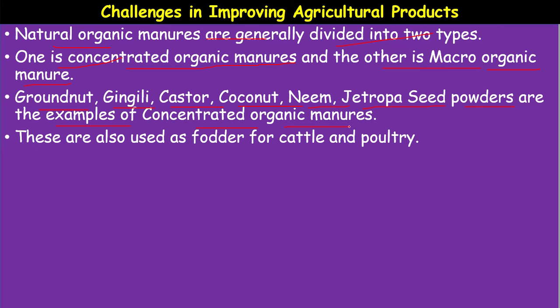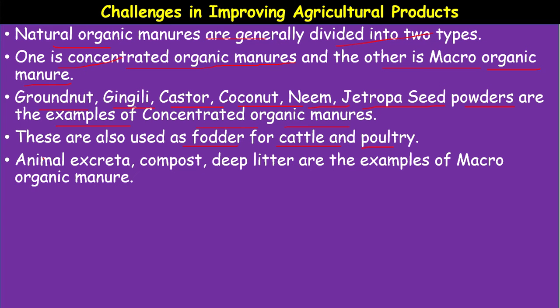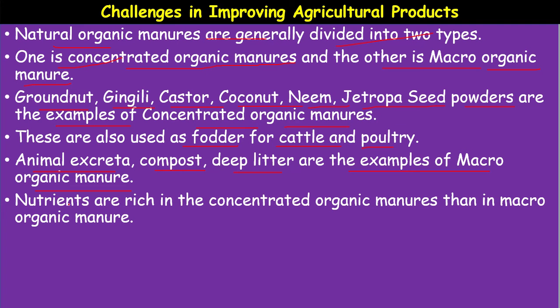These are also used as fodder for cattle and poultry. Animal excreta, compost and deep litter are examples of macro organic manures. The nutrients are richer in concentrated organic manures than in macro organic manures. Oil cakes contain more organic matter compared to macro organic manures.